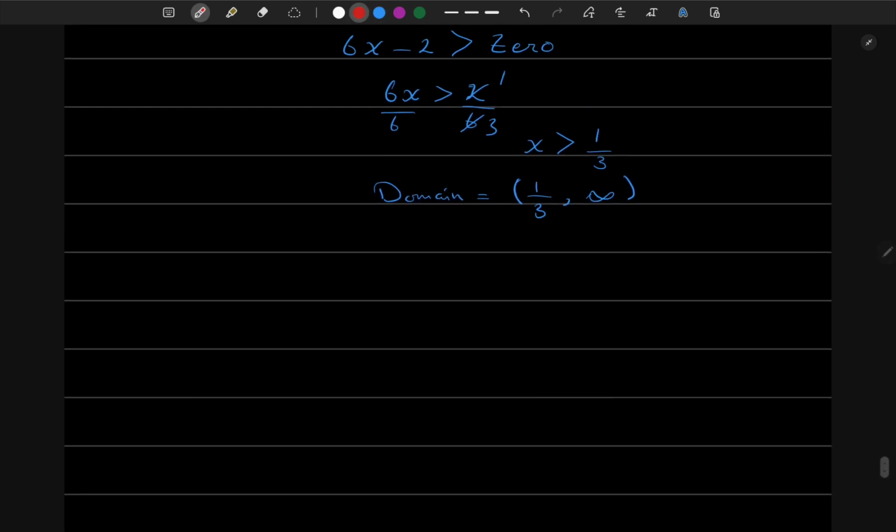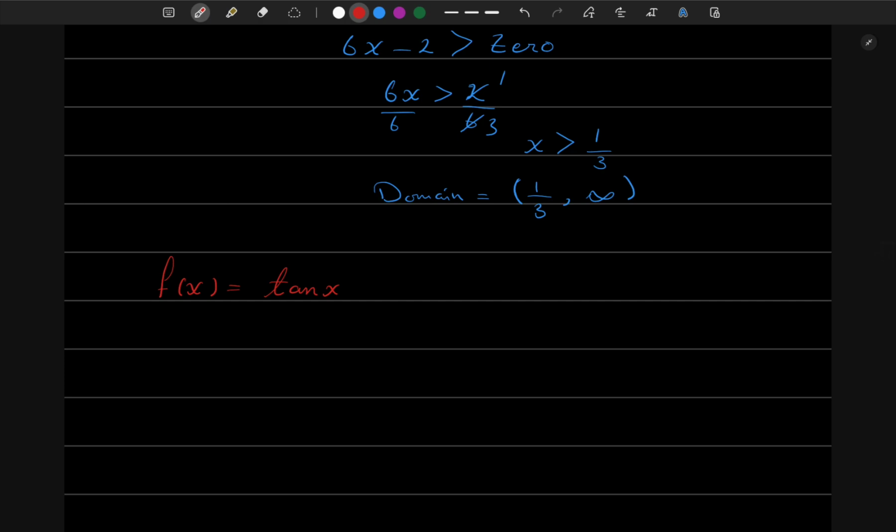The last case I want to talk about: what if I have f of x equals tan x? Now, at first look, this looks like a polynomial function.